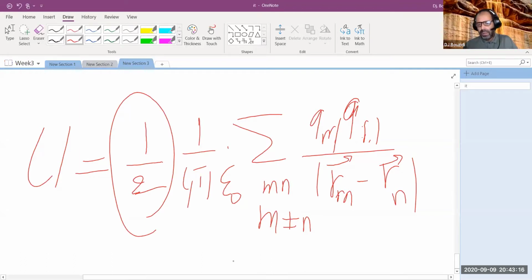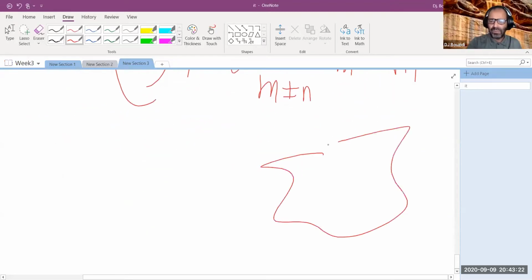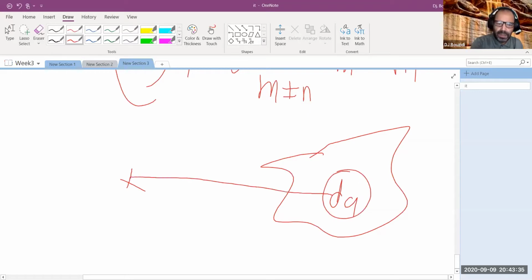Symbolically, if you have a distribution of charge, let's say I have a blob of charge here, and I'm interested in finding the electrostatic potential somewhere else. The charge here is some dq, which is some distribution of charge. So I find the charge dq, this is the distance r, or r prime, and then I integrate through the entire distribution.